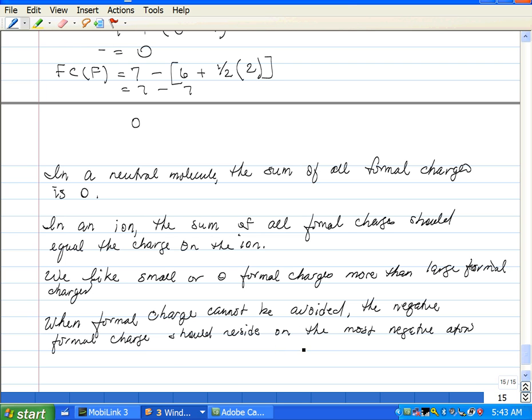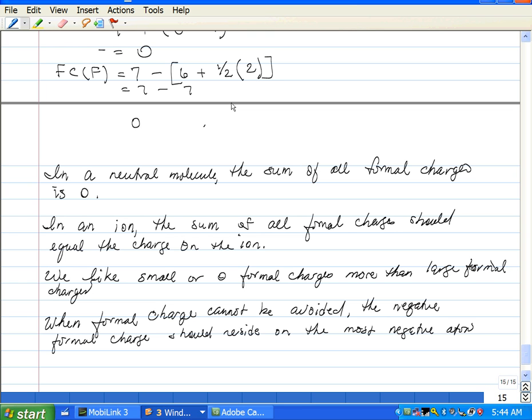That means in this next example, if you have three different structures and you've got one where oxygen shows a formal charge of +1, and one that shows hydrogen a formal charge of -1, that doesn't make any sense.